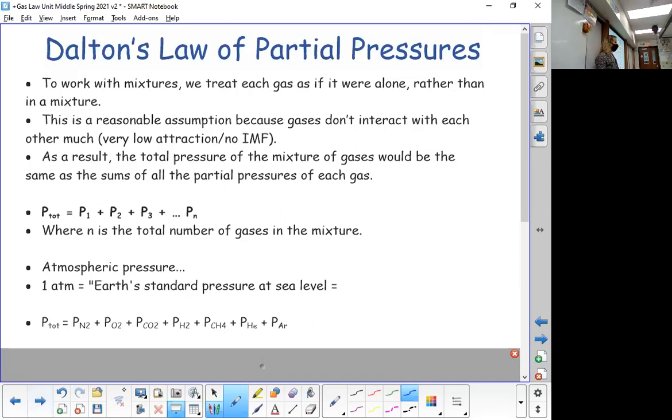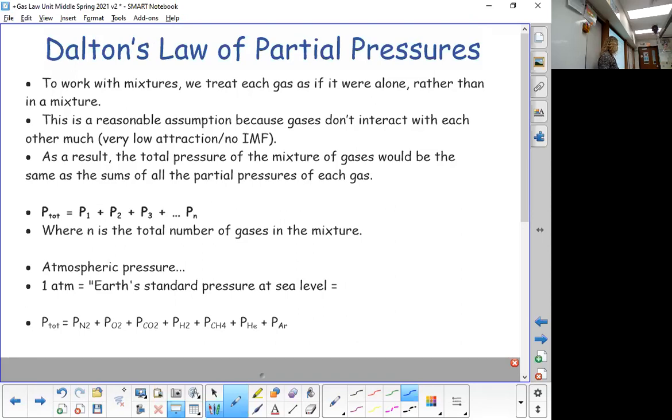Those are the main gases in our atmosphere. And each of those contribute partially to the sum of the atmospheric pressure. So the 1, we just standardize pressure, but that would be where that comes from.